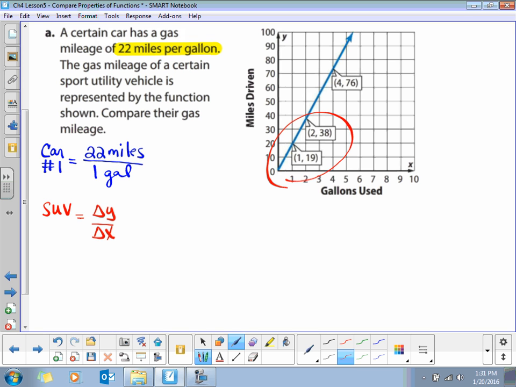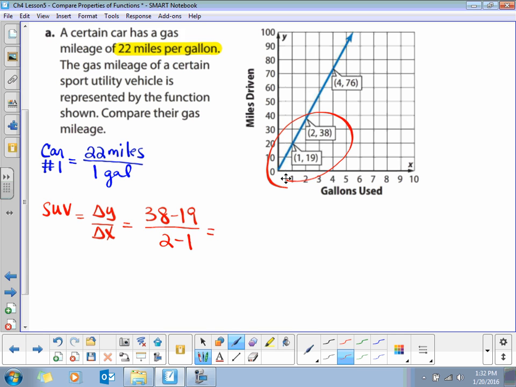So when we subtract, and again, I'm going to keep it positive, so I'm going to subtract the 38 minus the 19, okay? So that's going to go in the numerator. So 38 minus 19 over 2 minus 1.